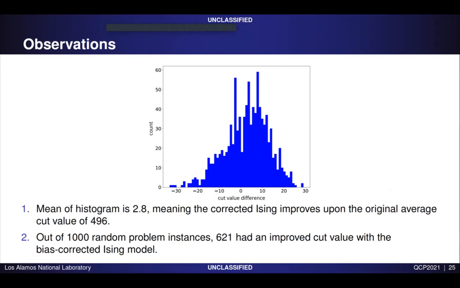Here, the x-axis is the difference in cut size between the original Ising and the bias corrected Ising. This means that the more right shifted this distribution is, the better our method works on average. And a rightward shift is indeed what we observe in this histogram, meaning that the debiased Ising improves on the original average cut value of 496.